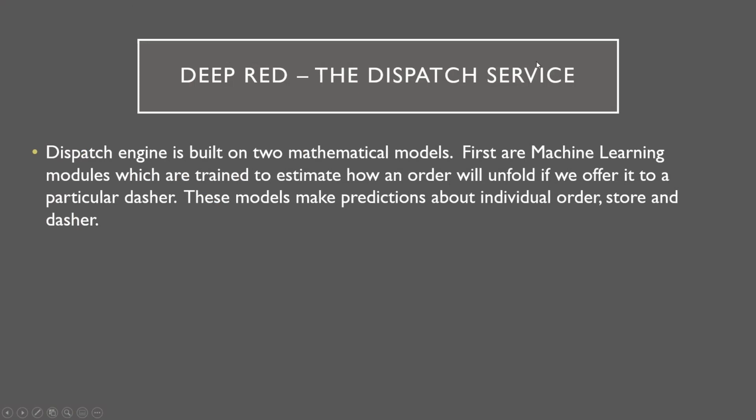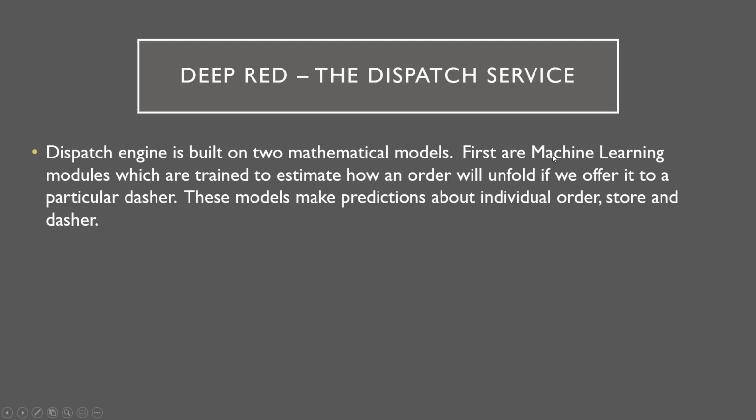So Deep Red, this is the dispatch service that they've created for themselves. The dispatch engine is built on 2 mathematical models. First are the machine learning modules, which are trained to estimate how an order will unfold if we offer it to a particular dasher. These models make predictions about individual order, store, and dasher.